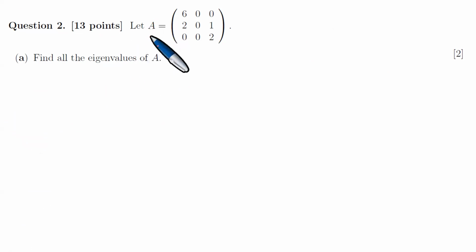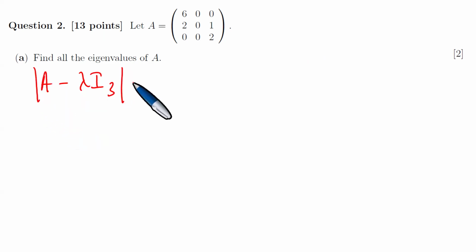So we let A be this 3 by 3 matrix. Find all the eigenvalues of A. Now the eigenvalues of A are very, very straightforward. To find eigenvalues of A, we use the fact that the matrix A minus lambda I3, and we use this notation, we equate to 0.